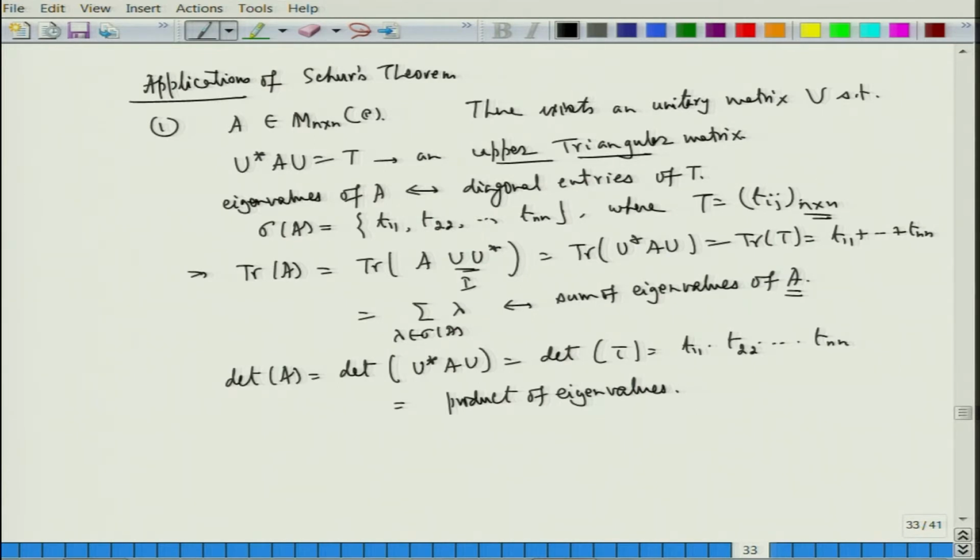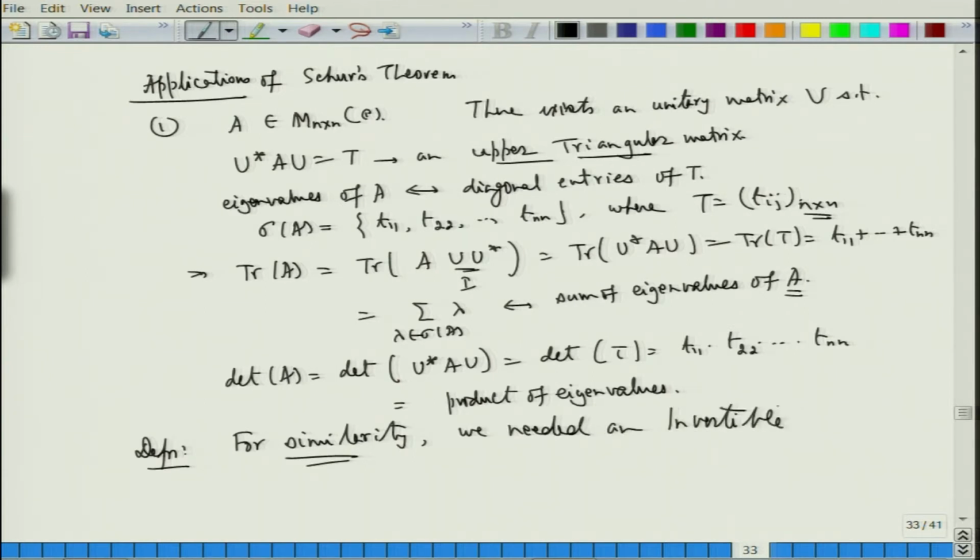The second thing I would like to say here is a definition. There is a difference between what is called unitary similarity and similarity. For similarity, we needed an invertible matrix P or invertible matrix S such that A is equal to SBS inverse. Then we say that A and B are similar.